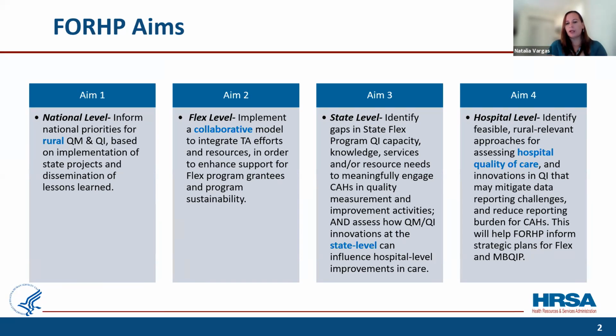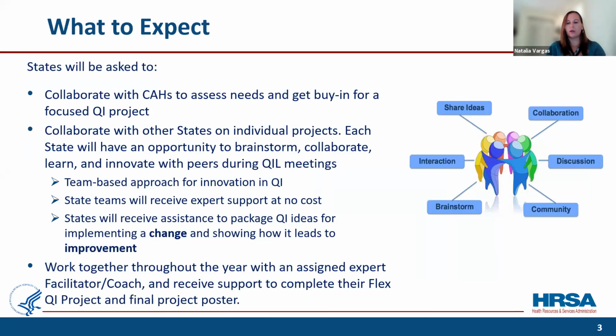This will also help inform a strategic plan specifically for MBQIP. So we want to, again, be able to feed that back into our program. It's an information feedback loop that we're hoping will be very practical in the sense that it will be in partnership with you, really from the ground up. So on the next slide, I will just go over what to expect from the innovation labs.